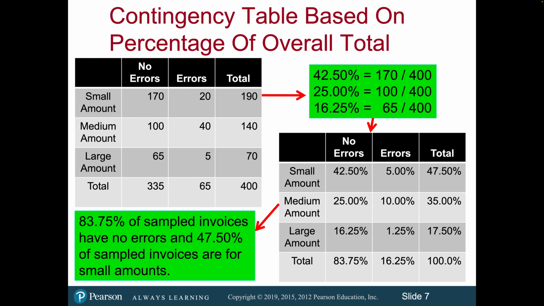In this case, we would take the 170 and divide by 400, which gives us 42.5%. We would take the 335 and divide by 400. We would take the 140 and divide by 400. We would divide every one of these, all 12 of them, by the overall total to get the percentages that are put here.